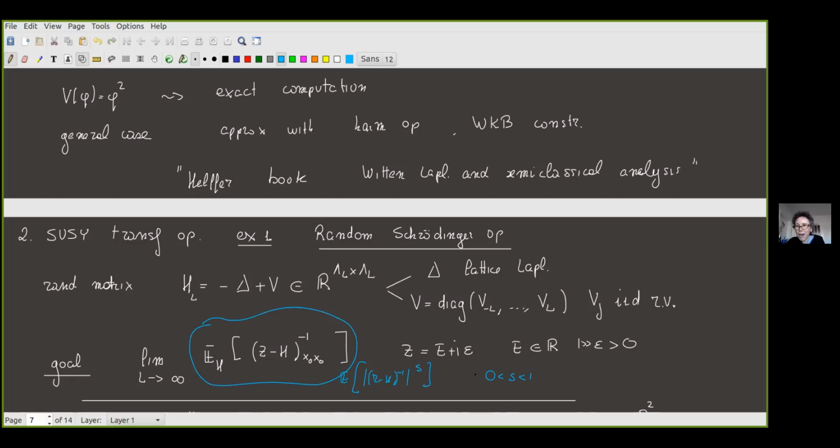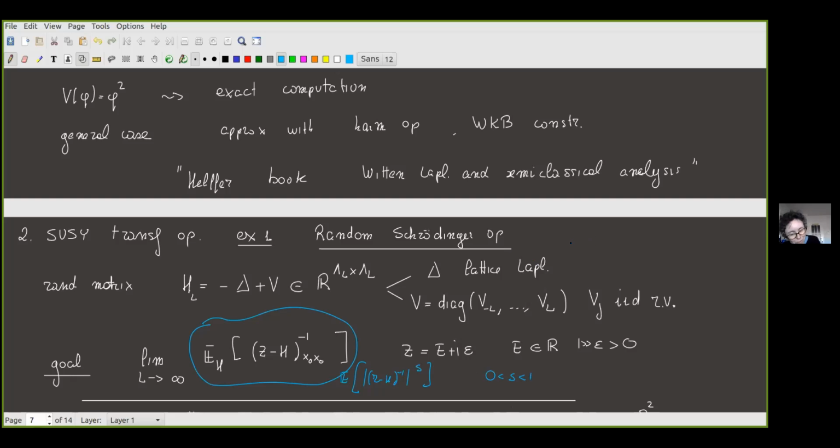There are nice and powerful tools that allow you to prove a huge amount of results on the random Schrödinger operator. In dimension 1, you can also prove localization using other tools.